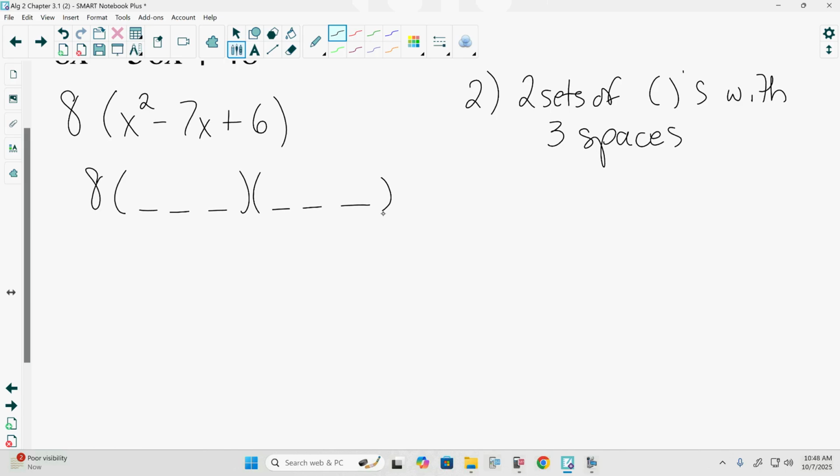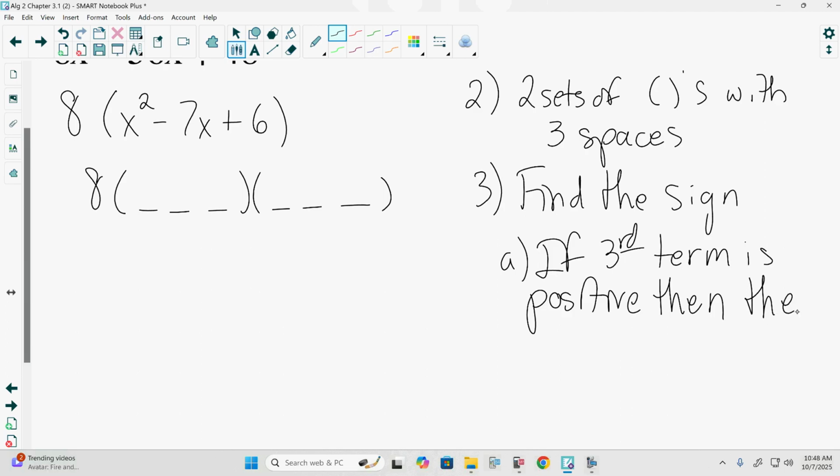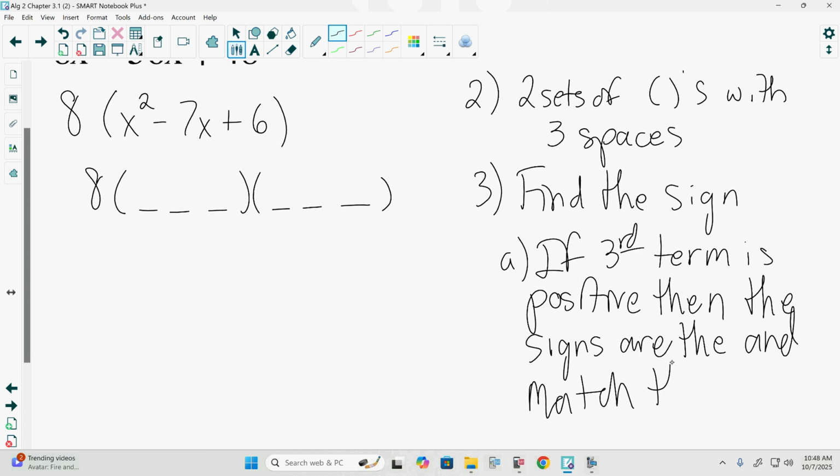Third step is to find the sign. If the third term is positive, then the signs are the same and match the sign of the middle term.